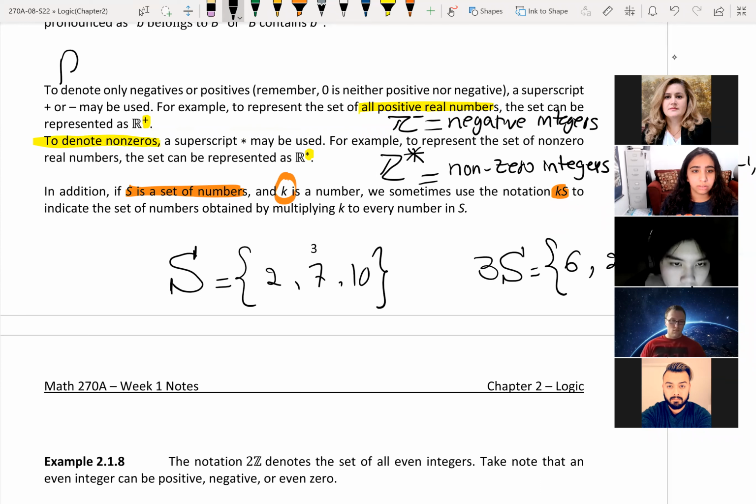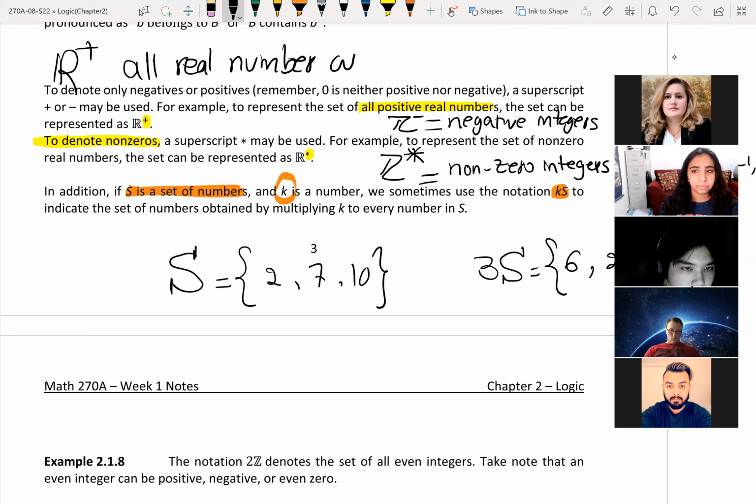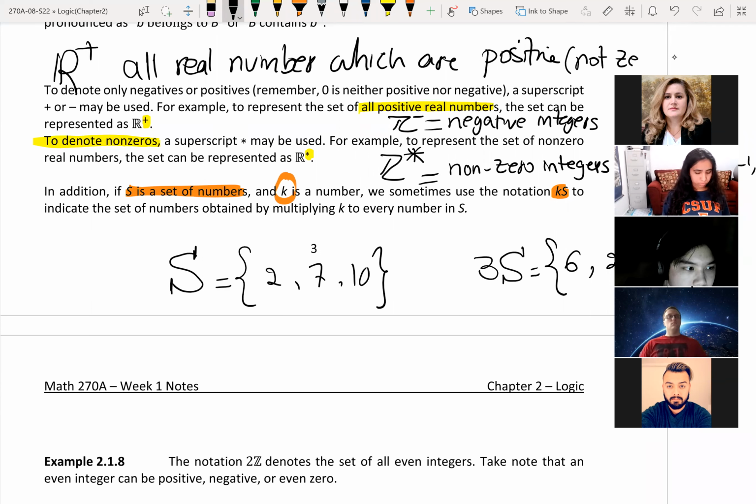When we have R plus, it means all real numbers which are positive. Everything which is positive, not 0, is R plus. Does that make sense? Yeah, thank you for clearing that up.